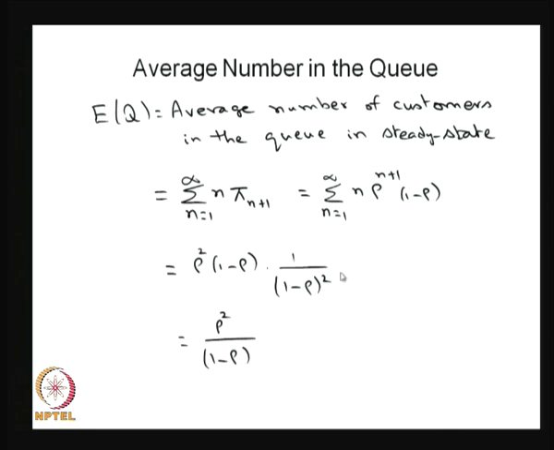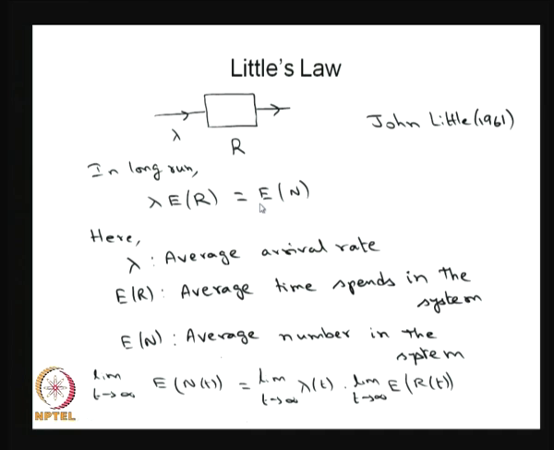You substitute pi n plus 1 from the one I have discussed in the stationary distribution. Here I am going to relate the average measures using Little's law. This was proven by John Little in 1961.